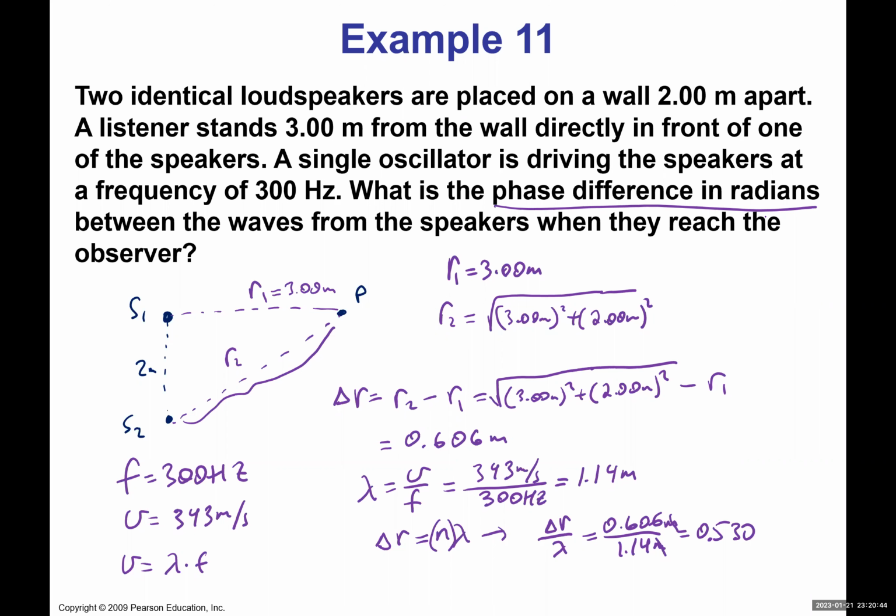Otherwise, any number without a unit doesn't really give us any information. But even with radians, we more or less know what we're talking about. So the phase difference will be 2 pi times the number we calculated, 0.530, which equals 3.33 radians. And that's the phase difference in radians between the waves from the speakers when they reach the absorber.